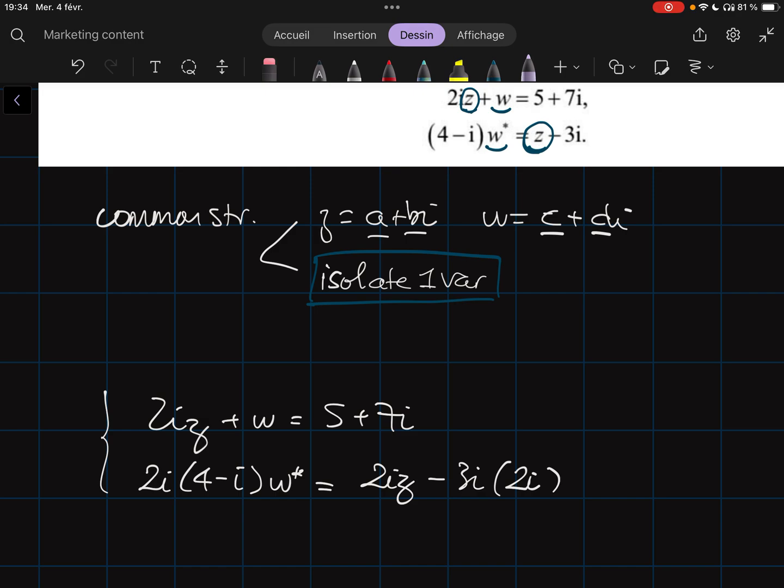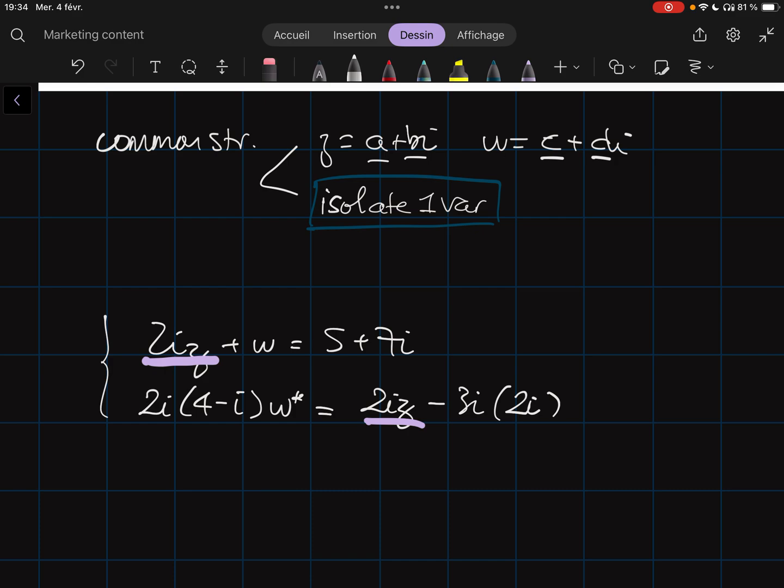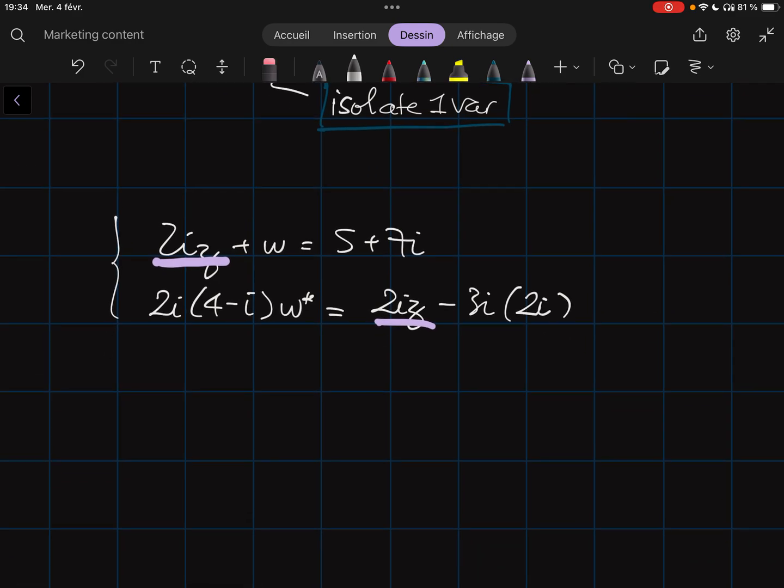In fact, we can eliminate 2iz altogether. So, to do that, I am going to subtract the second equation from the first equation.